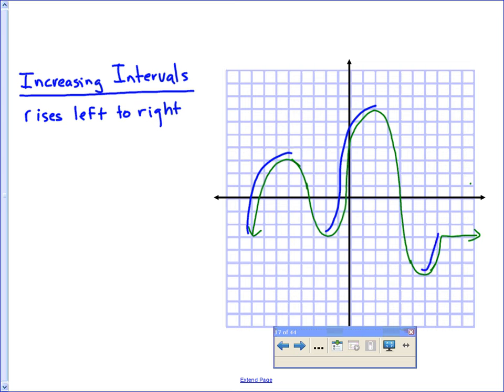If I can connect 2 points on a curve here, like this, and that falls below the curve, then we call this, actually sort of the opposite of what you might think you would say here, concave down.